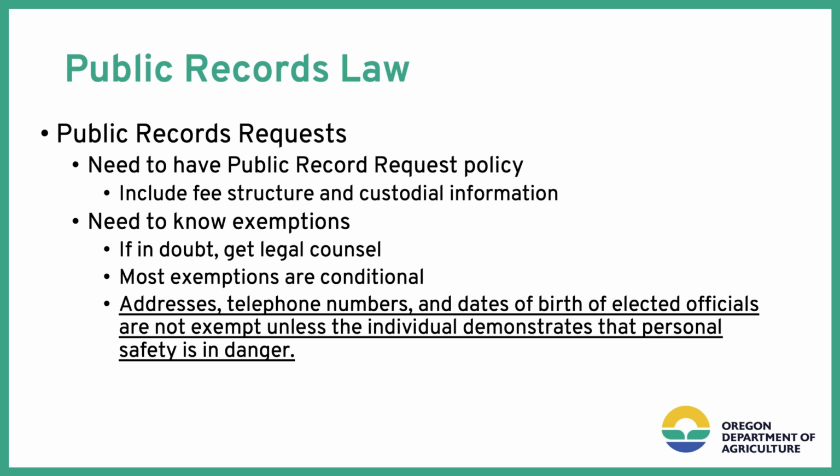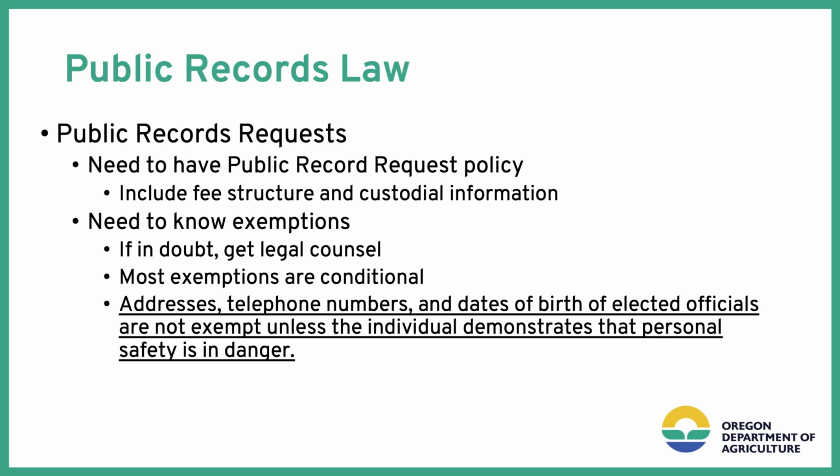I do have under there, just to let you know, because this has come up recently, that for elected officials across the board, your address, telephone number, and for whatever reason, your date of birth are not exempt from disclosure. If someone asks for that information about you as an elected official, you have to give it. There is one exemption if you can demonstrate personal safety, which is actually harder to do than you think.